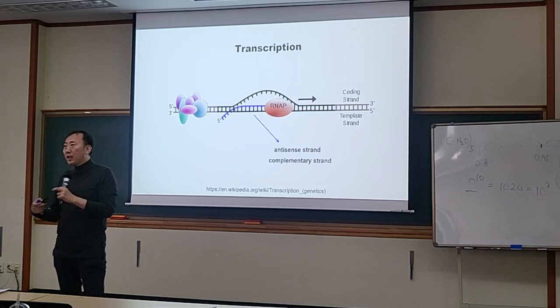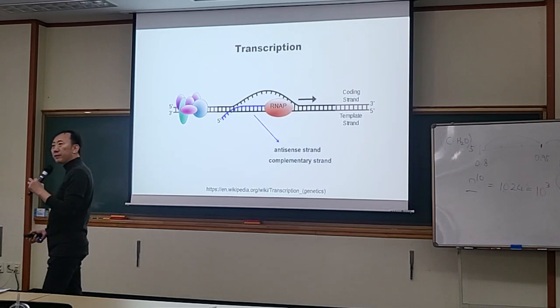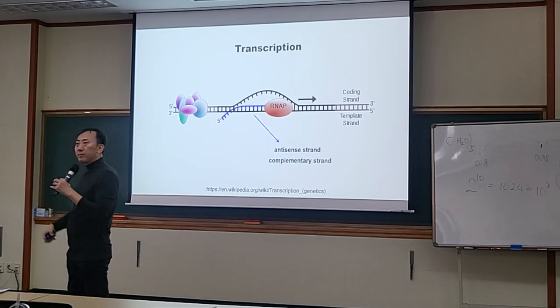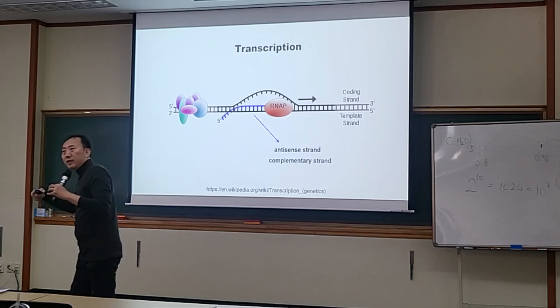But there is a template to make more mRNAs, correct? What do you mean? If you want to collect the information to make a protein from one cell, you collect all mRNAs. Those mRNAs, you use reverse transcriptase, you make cDNA.